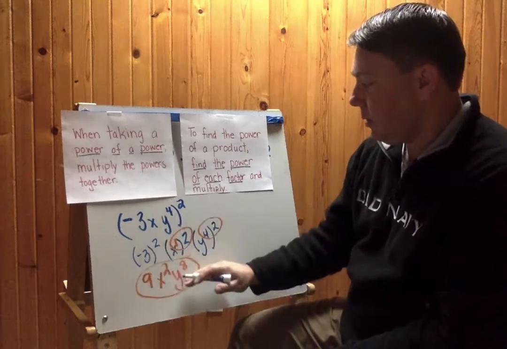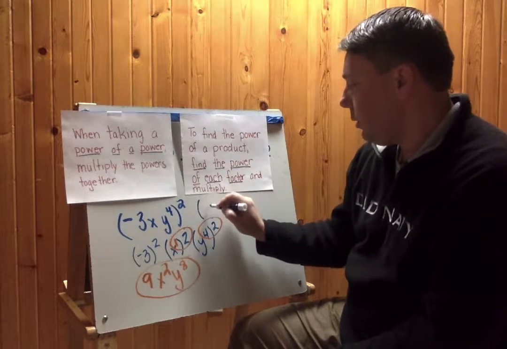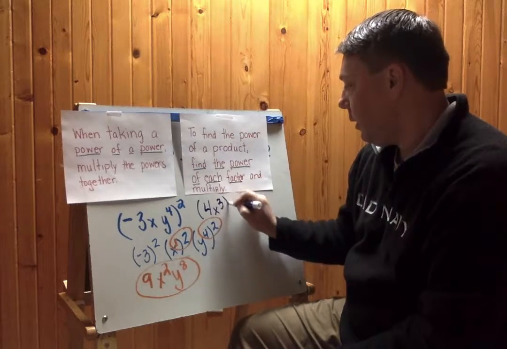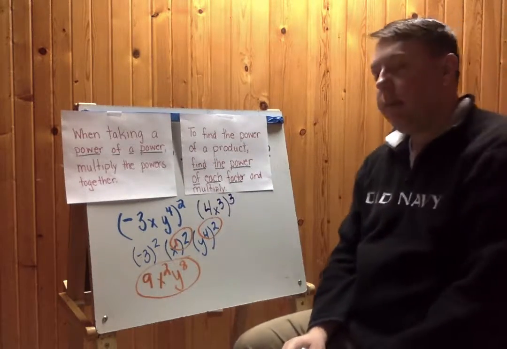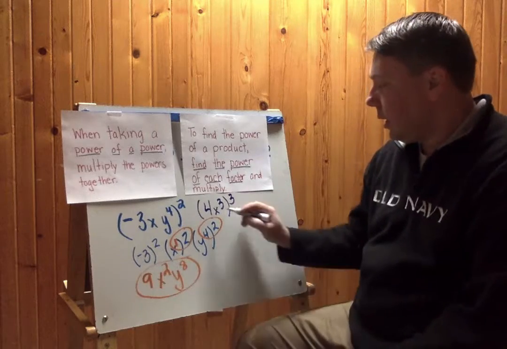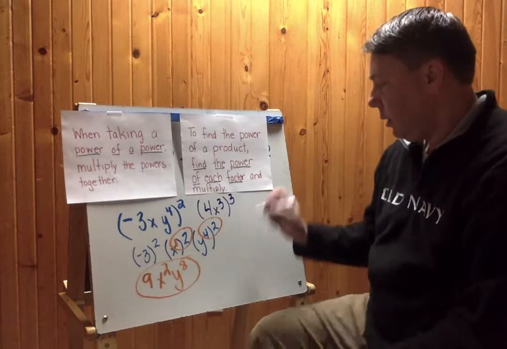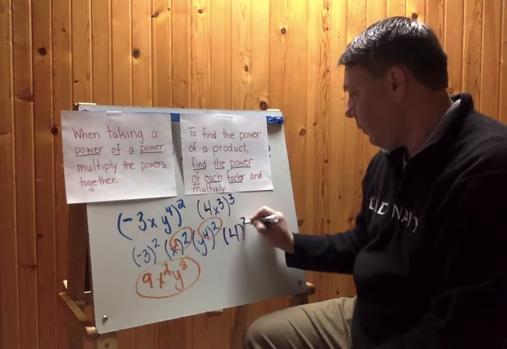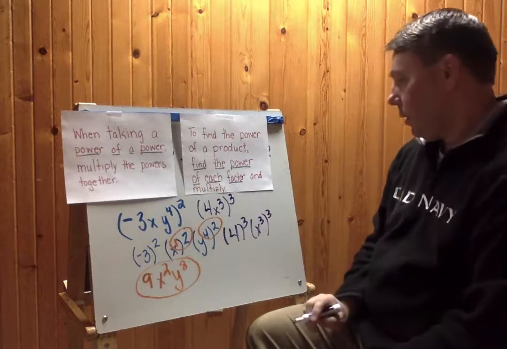This is the answer to this problem, but if we change the problem and put times, let's say, 4x to the 3rd, cubed, then you're going to take 4 and multiply it together 3 times. So then you're going to have 4 to the 3rd and x cubed to the 3rd.